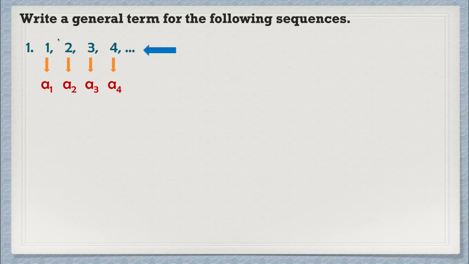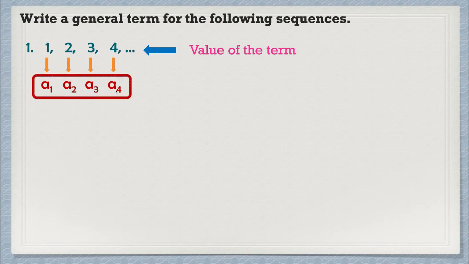Now take note that this 1, 2, 3, 4 are the values of the term. Okay? And this a sub 1, a sub 2, a sub 3, a sub 4 refers to the position or to the term number. So a sub 1 means first term, a sub 2 second term, a sub 3 third term, a sub 4 is the fourth term.